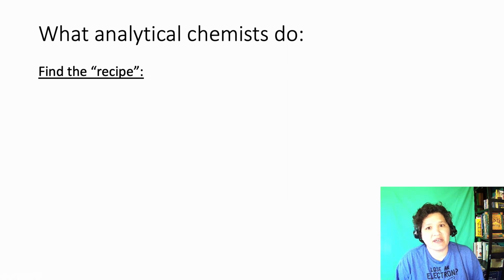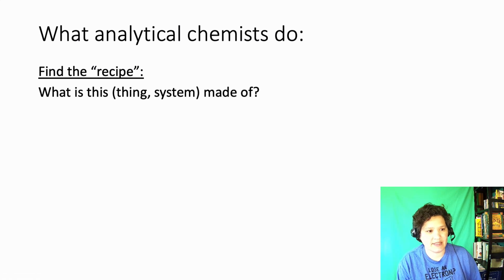And this is something that chemists can do. We may not be looking for food recipes, but we can figure out what something is made of and how much of that thing there is inside the thing that we're analyzing. So that's the first thing that we can do.